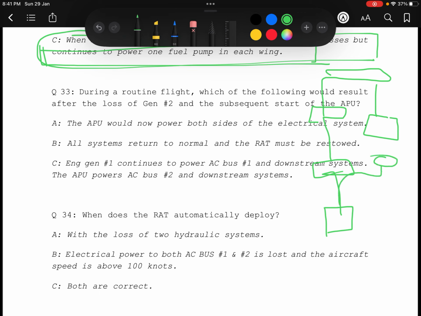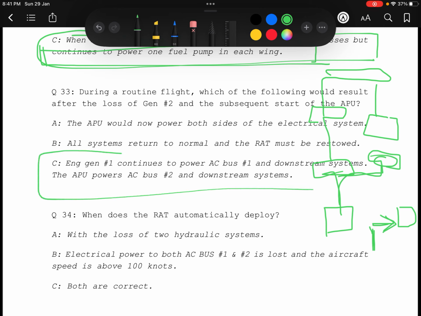And it supplies the AC essential from here. But now we have lost generator 2, so the APU will supply the right side in place of generator 2 and assist that side, right?